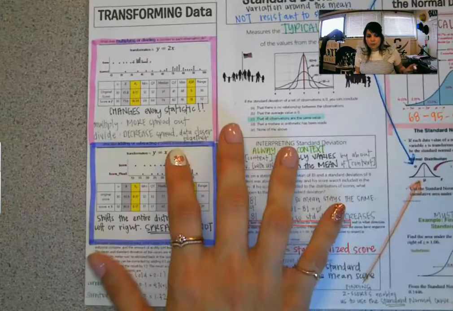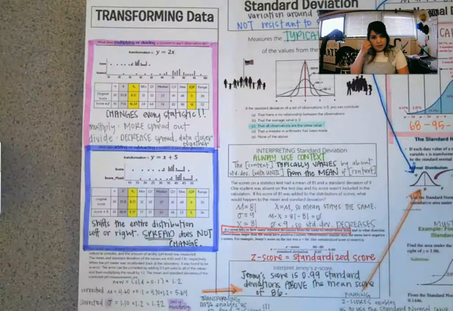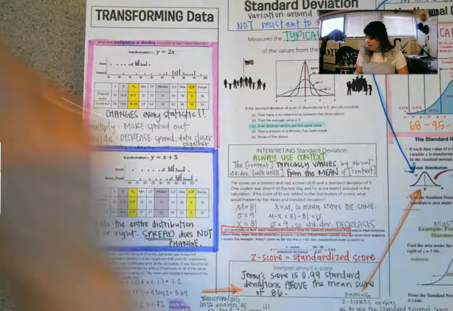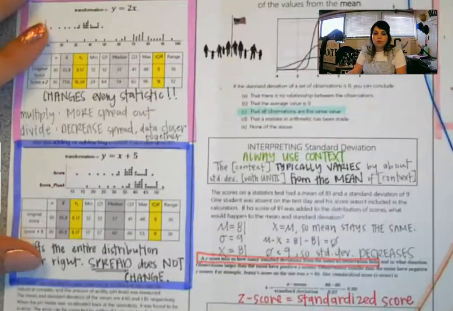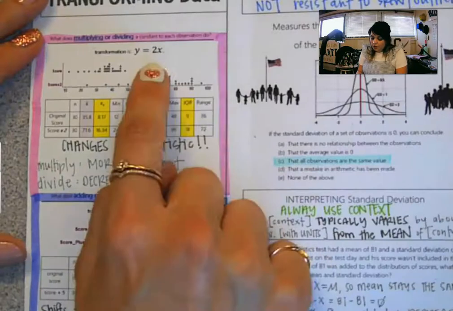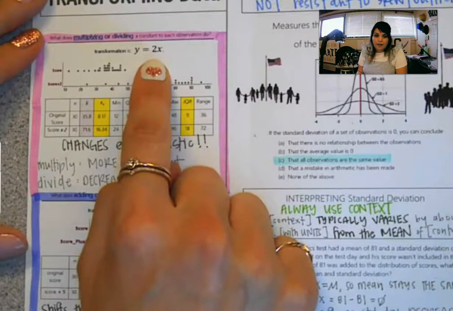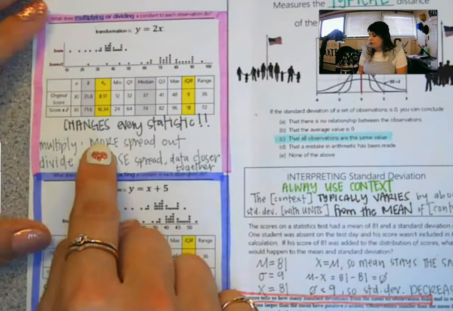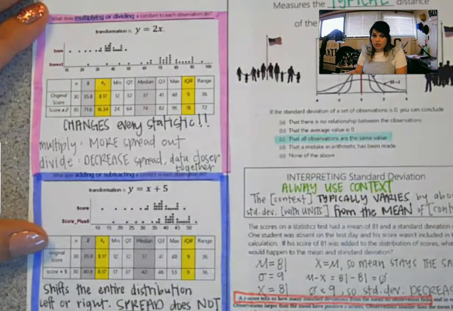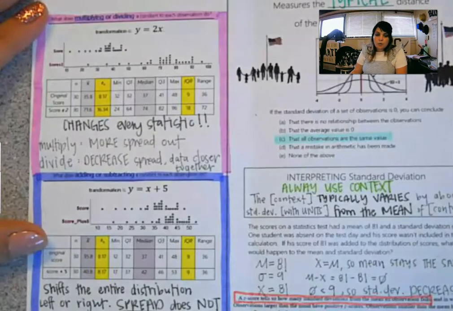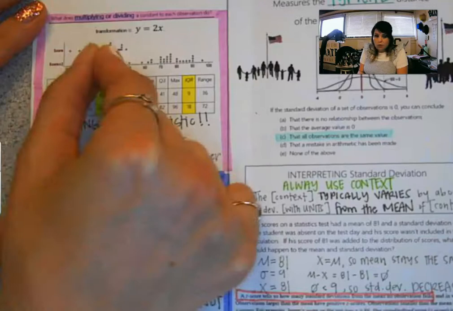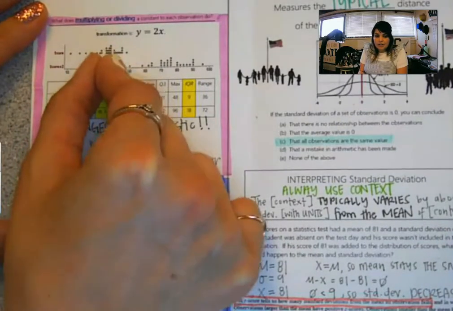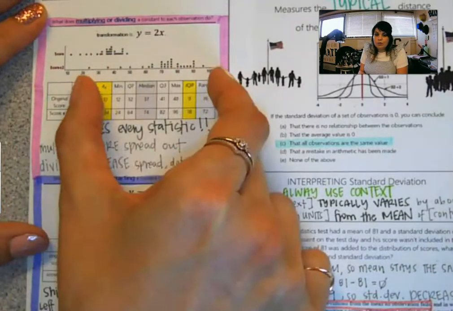The first part of this overview is talking about transforming a data set. These visuals are just a quick reminder that if you multiply or divide, every value in your data set changes. The reason it changes is because multiplying takes your data set and spreads it out.